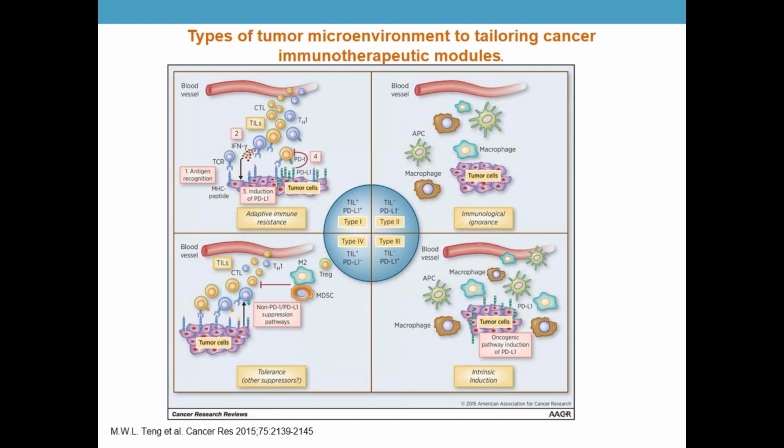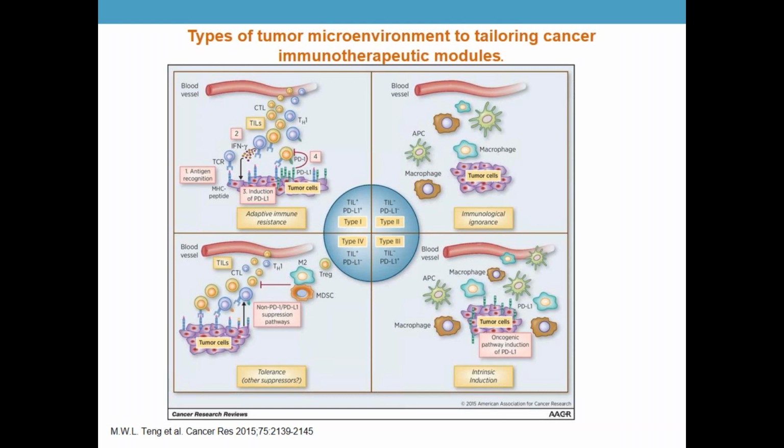The reason for this is, in addition to the tumor cell producing PD-L1 as a response to these incoming T cells, there are certain gene mutations in the cancer which can result in the production of PD-L1, whether or not you have TIL cells. So that's type 3.